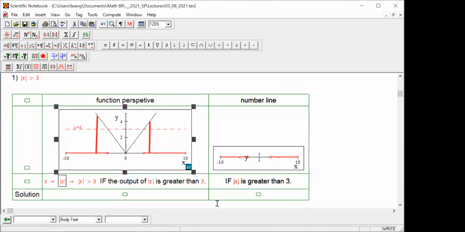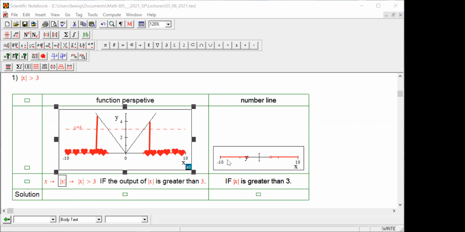Yes, y is 3. So we want the height to be larger than 3, and this level is the 3. So all of these inputs will give larger than 3 outputs. So all of these are solutions.